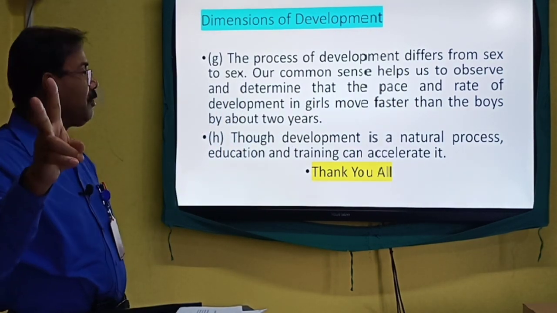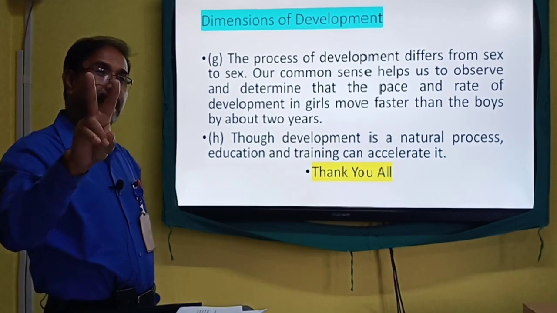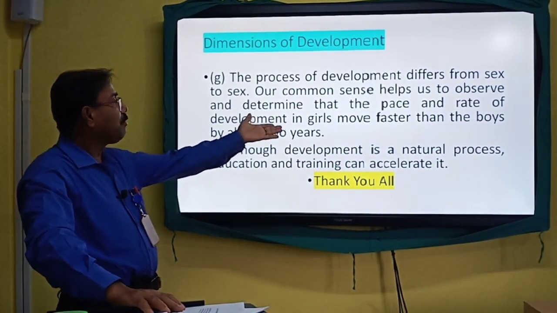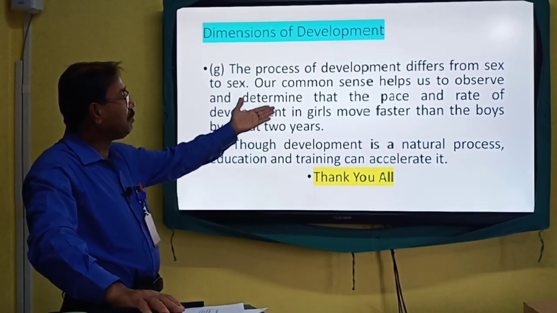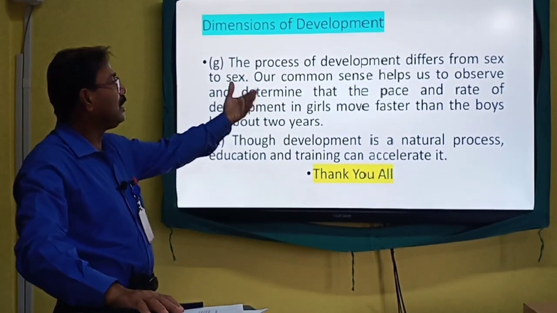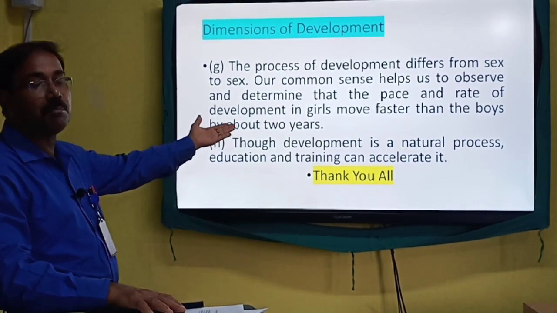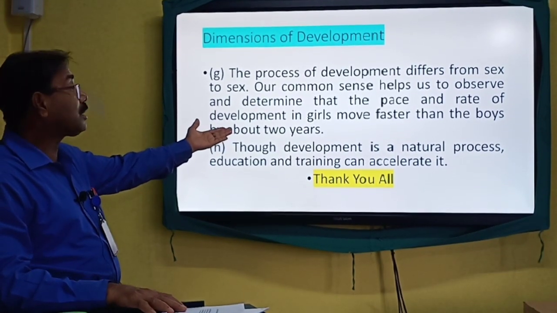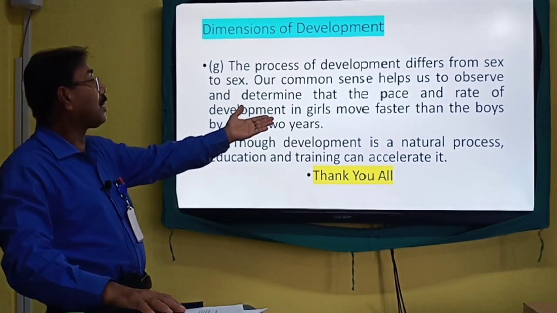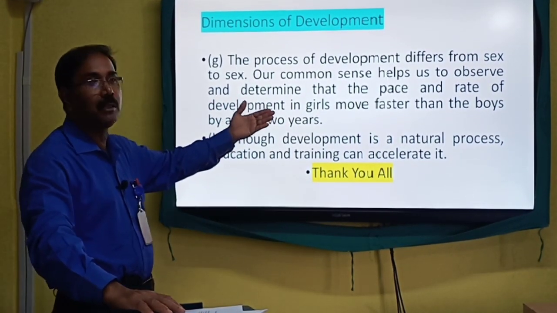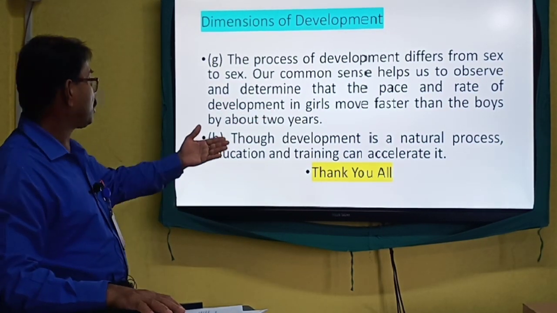If the birth time is the same, there is still quicker development in girls by 2 years, because there is no resemblance. It may be asked in your examination what the time range of the difference is between the development of girls and boys. You can write this.